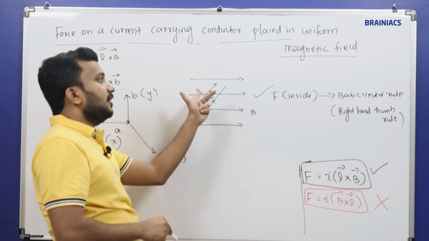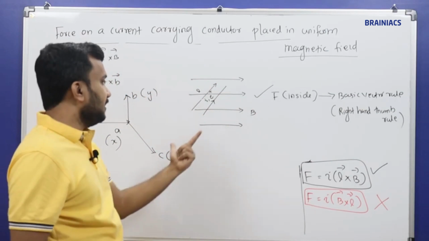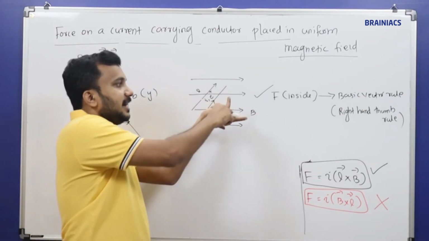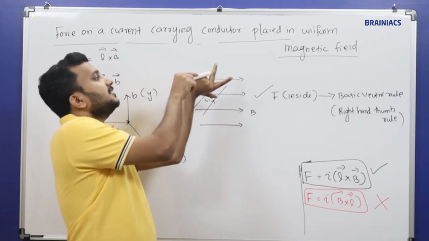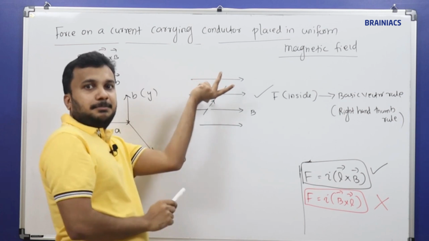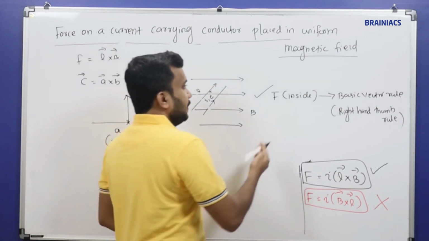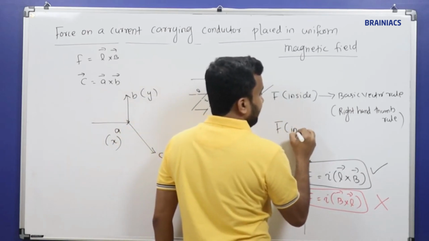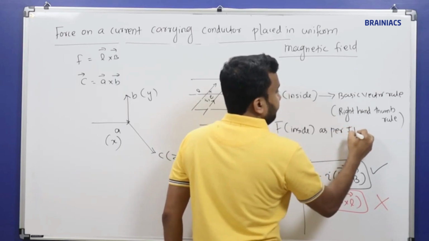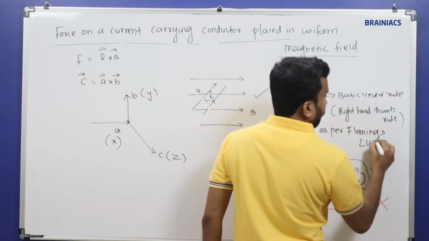But what direction is the magnetic field? The magnetic field is in this direction. You can see this is the direction of the magnetic field, but my currents are going in this direction. Where is my thumb? My thumb is into the board. So F is into the board, as per Fleming's left hand rule.